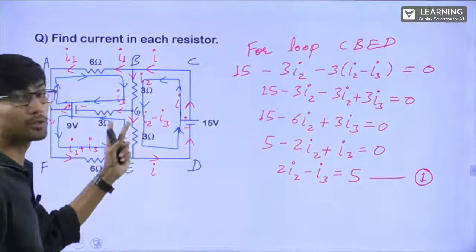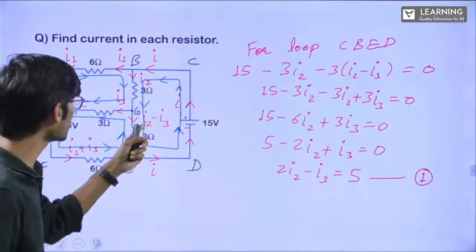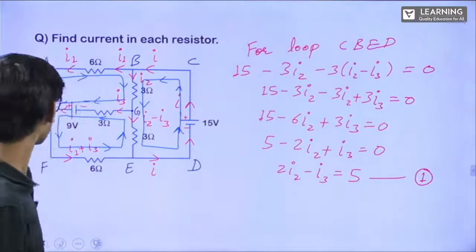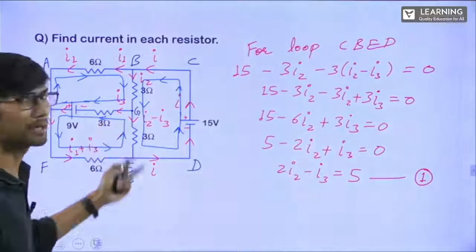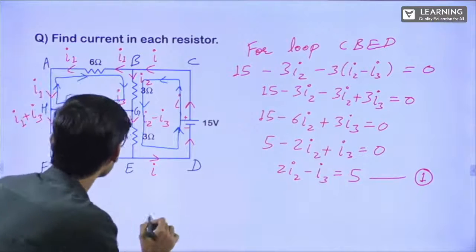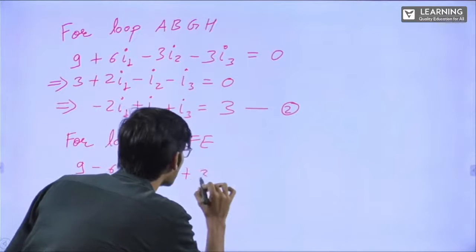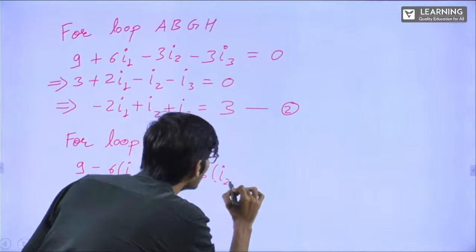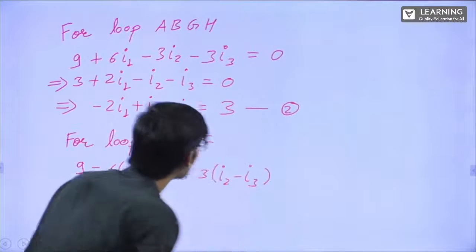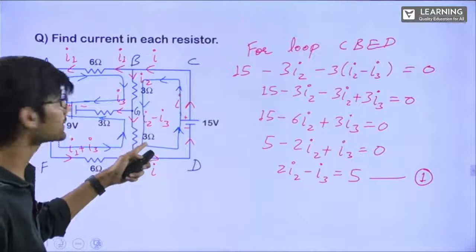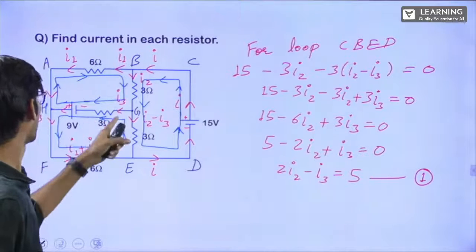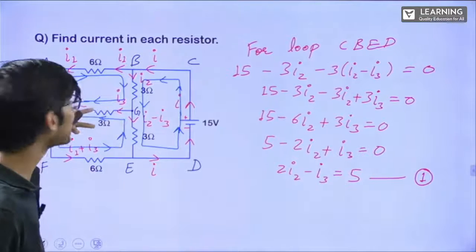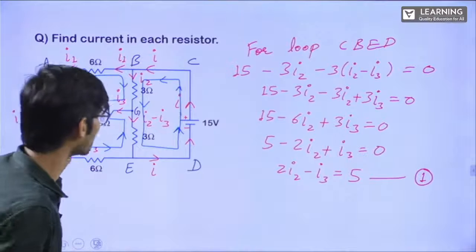Then this is opposite to that of current. So 3, opposite means plus, right? So this will be plus 3, current is I2 minus I3. Then here, we are in the same direction of current, minus 3 I3.